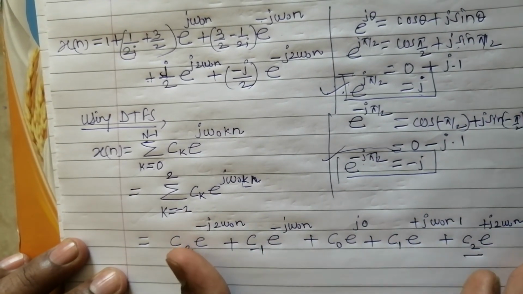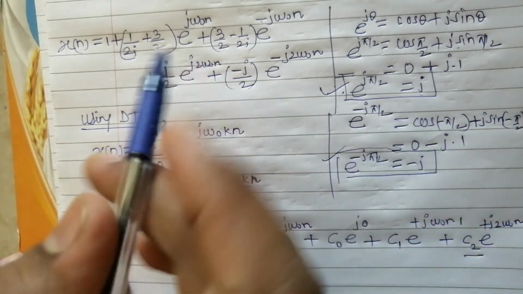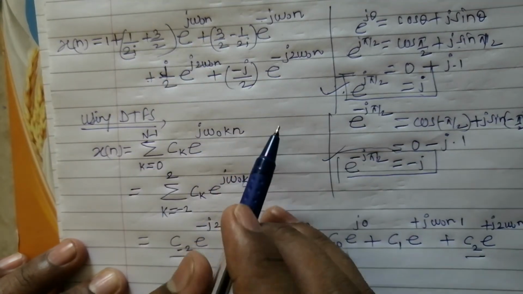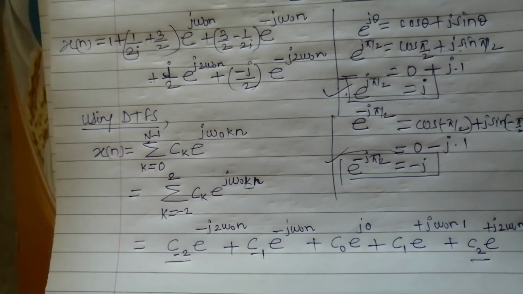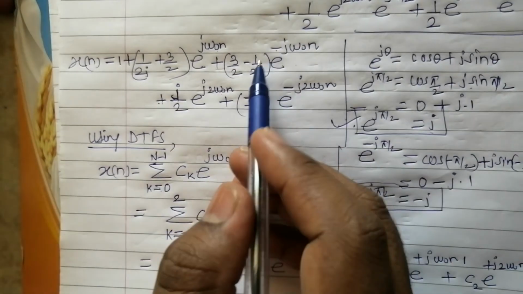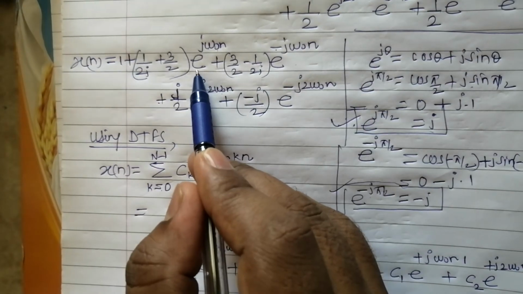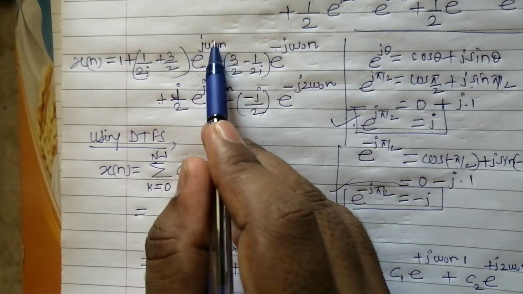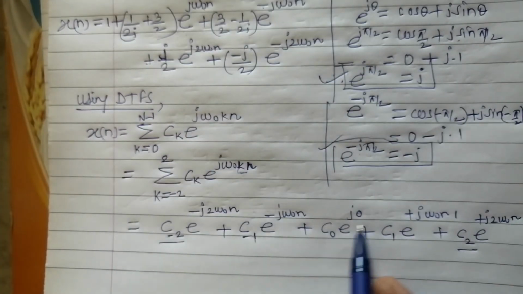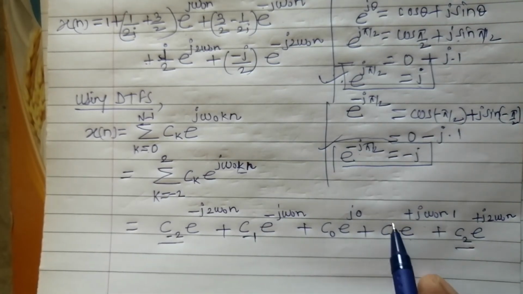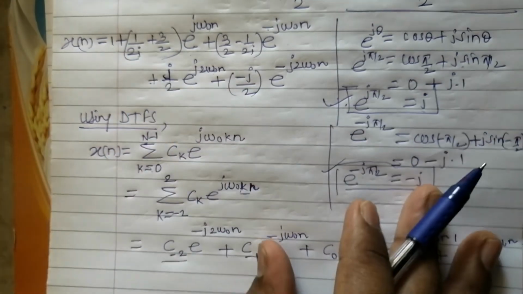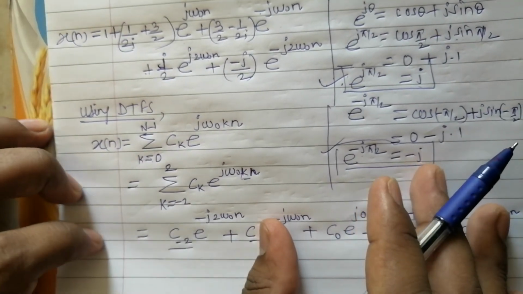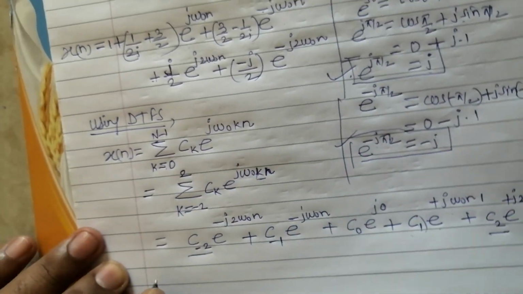Now let us compare this expanded part with the obtained x of n. So now let us see how to compare. See, let's start with e raised to power j omega naught n. So where is it? It is here, e raised to power j omega naught n, so c1 is nothing but this much part. One by one let us compare.